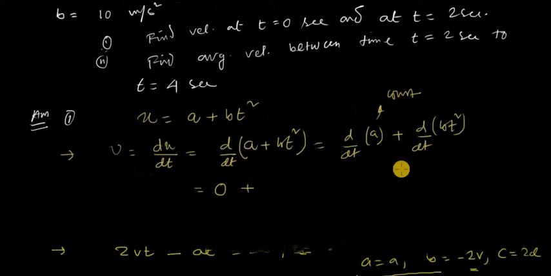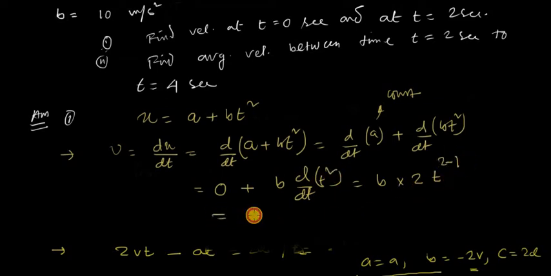Plus the second term, d/dt of bt square. b is a constant, so taking b out of the differentiation, d/dt of only t square, and we have the formula: the differentiation of x to the power n is n into x to the power n minus 1. Here n is 2, so this is nothing but 2bt.